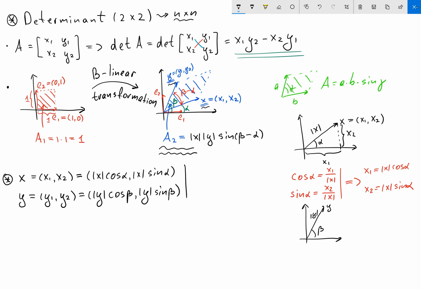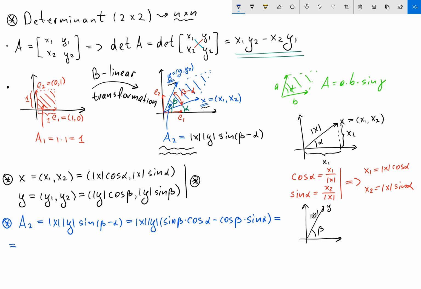And why do we need this? Wait just for a second. Then I'm going to rewrite my formula for the area. By using the definition of sine of a difference, I can write this as equal to the following expression: sine beta times cosine alpha minus cosine beta times sine alpha.